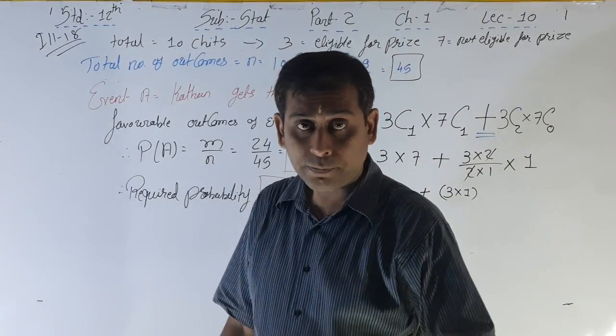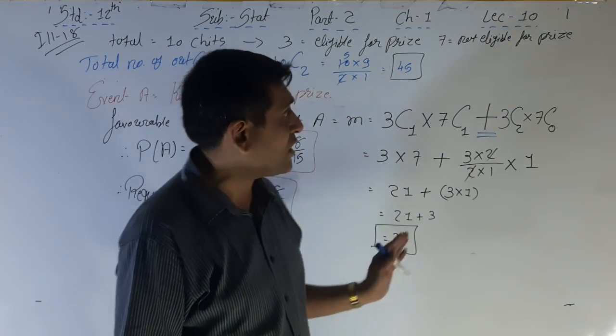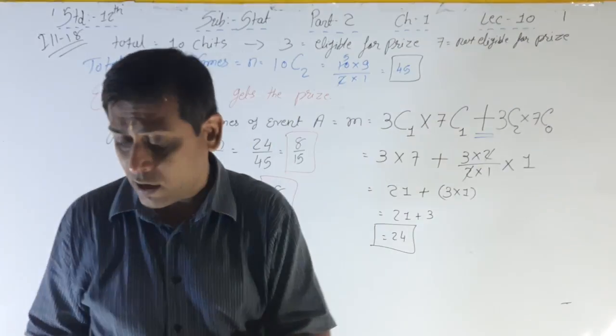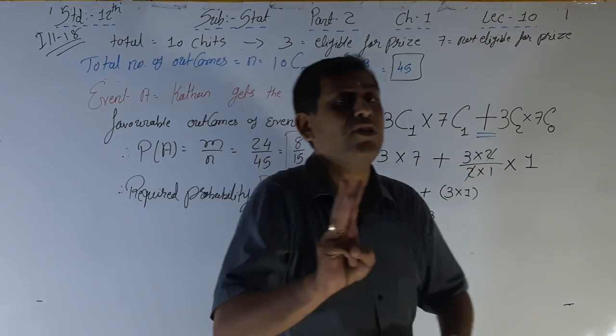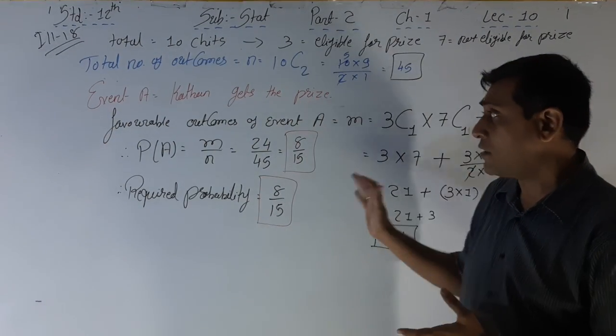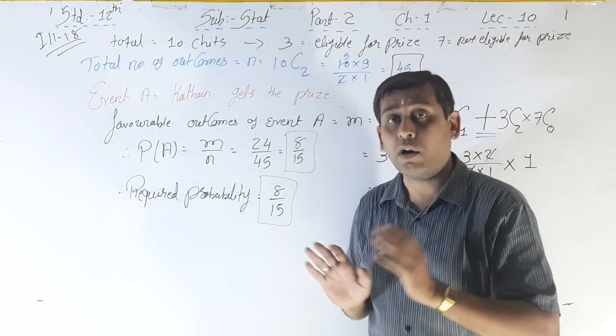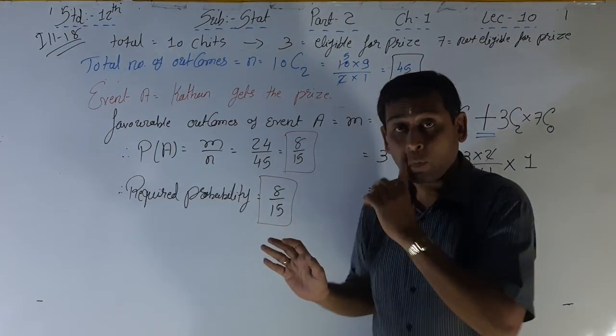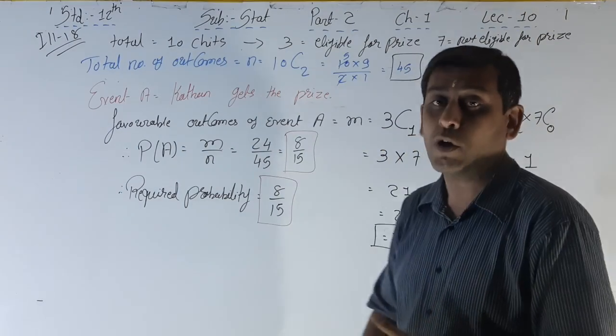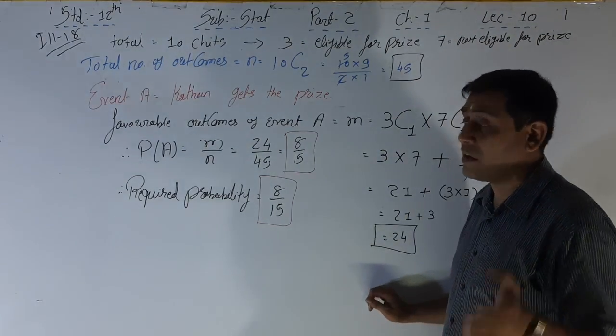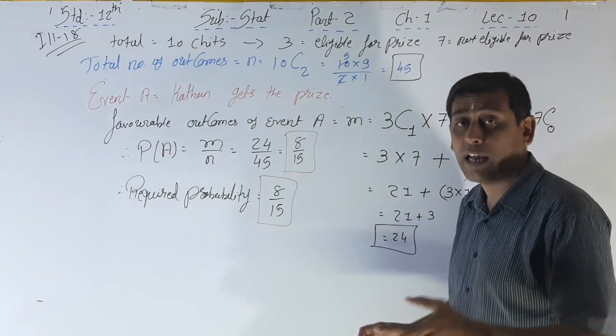probability. Okay, so it is a very easy sum, but this sum will be asked for 3 to 4 marks, so please write this down. It is very important because it was asked in your previous examinations 2 to 3 times.